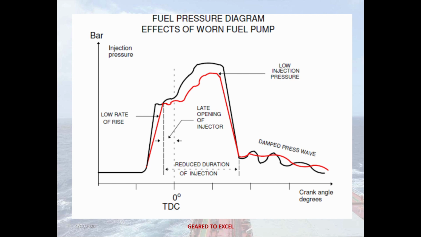The effect of that will be a low rate of rise, low injection pressure, late opening of injectors, you can see here, and reduced duration of injection. And the pressure waves are dampened.